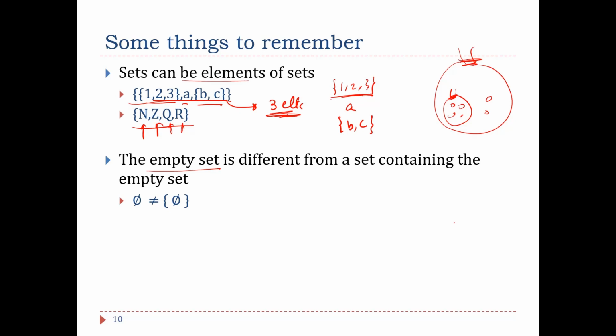In a couple of slides, you will see that the empty set is by definition considered to be of size 0, because by definition it contains no elements. But this set that contains the empty set has size 1, okay? It has one element in it, which is the empty set.